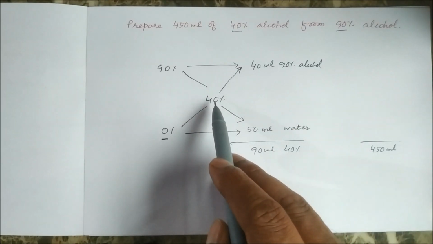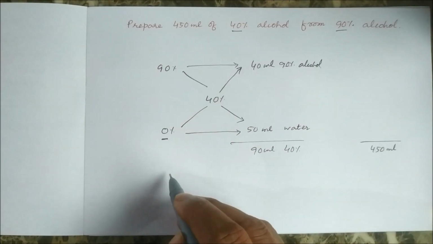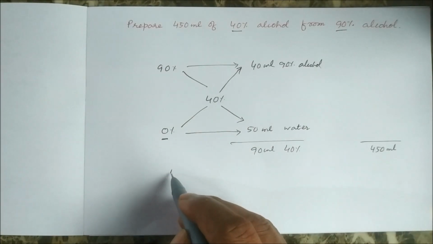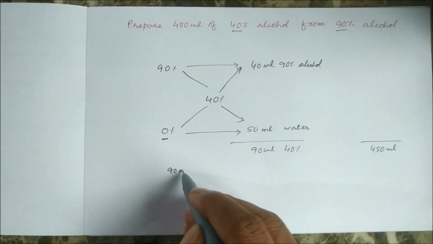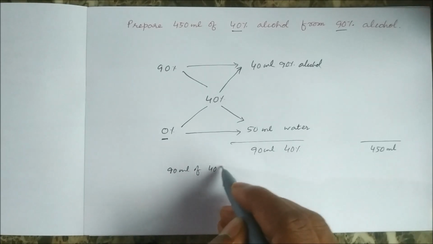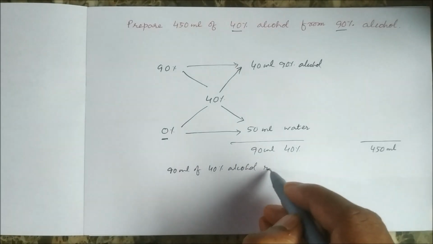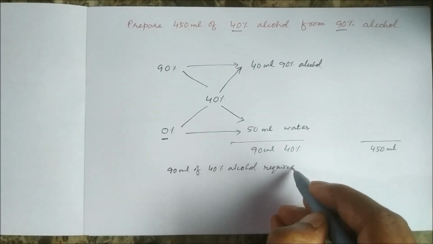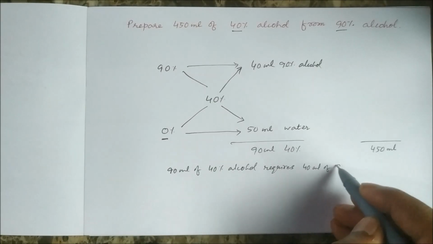So that means we need 40 ml of alcohol in 90 ml. So 90 ml of 40% alcohol requires 40 ml of 90% alcohol.